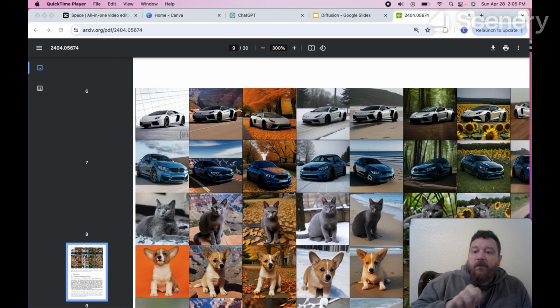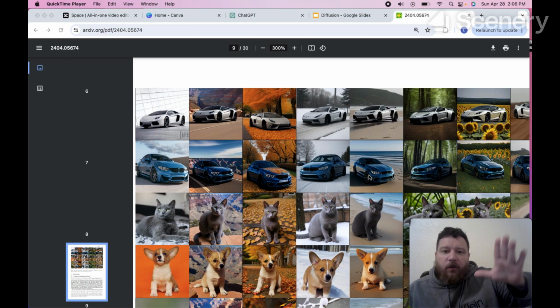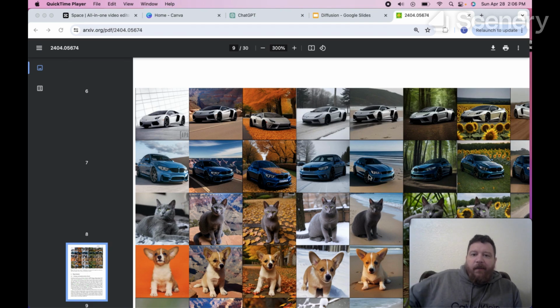What this is clearly trying to show is that the ones immediately to the right of the reference picture are far closer to it than any of the other ones.